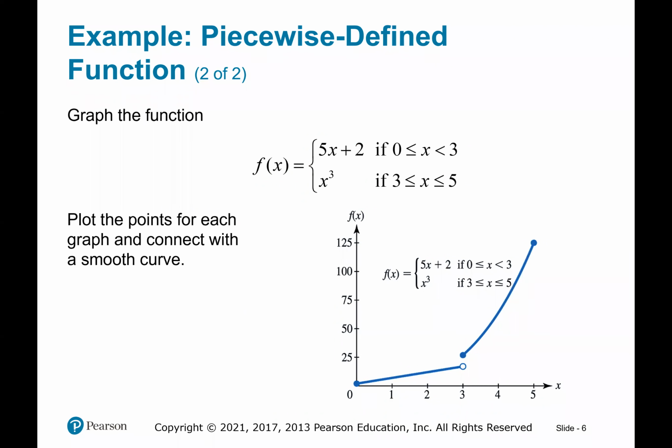As described, for the first part of that graph, where we are using the 2x plus 5 definition of y, there's a solid dot on the left-hand end and an open dot on the right-hand end, because the right-hand part of that inequality is less than, not less than or equal to. And then in the second part of the graph, there are solid dots on each end, because the way the domain is defined, we're using less than or equal to, so each endpoint is included. So there's a solid dot on each end.